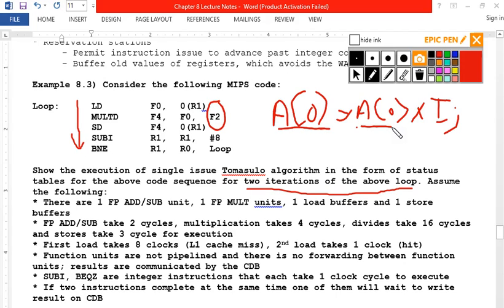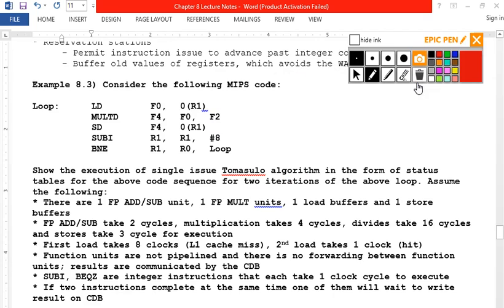So we load it to F0, and simultaneously we have the base, let's call this J. And here we go, J minus 8 every loop, and then we branch if J and K are not equal, right?